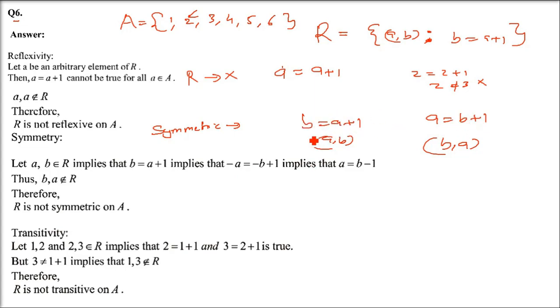Either you can find b from here or from the second one, or a from the first one. Either way. So let us find a from the first one. a is equal to b minus 1. Now one is a equals b minus 1 and the other is a equals b plus 1. So this is a contradiction. a cannot be simultaneously b plus 1 and b minus 1. So if (a, b) is there, (b, a) is not there. So it is not symmetric either.